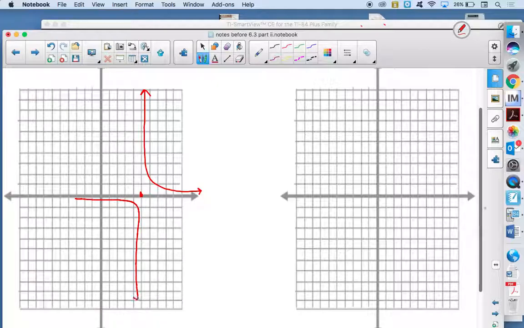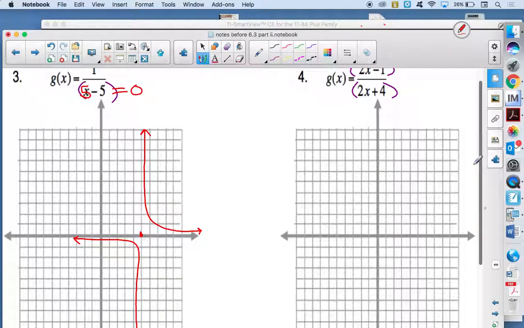So I have these two pieces, two curves, but they don't touch 5, because if it touched 5, then I'd have a 0 on the bottom of the fraction. So this domain is a little different. Anyone want to take a shot at the domain?